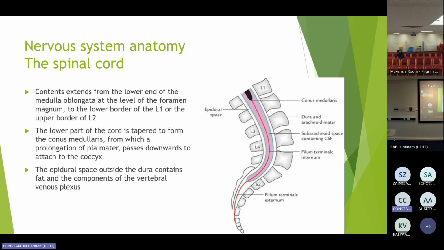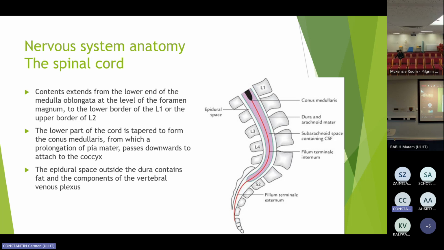Just briefly to mention the spinal cord. It extends from the lower end of the medulla oblongata, so from the brainstem at the level of the foramen magnum, and it ends at the L1 level, or the upper border of L1, L2.